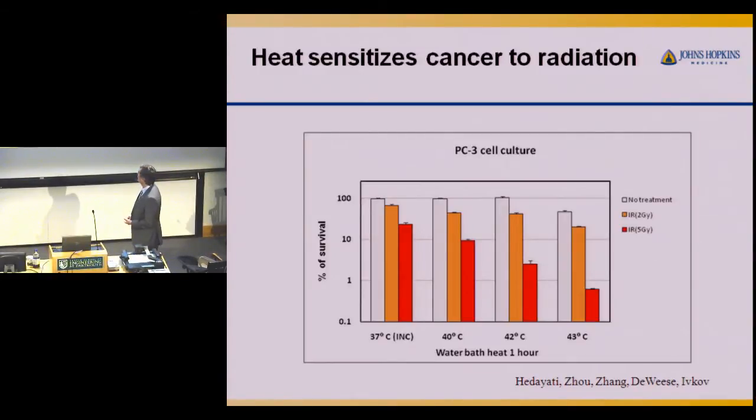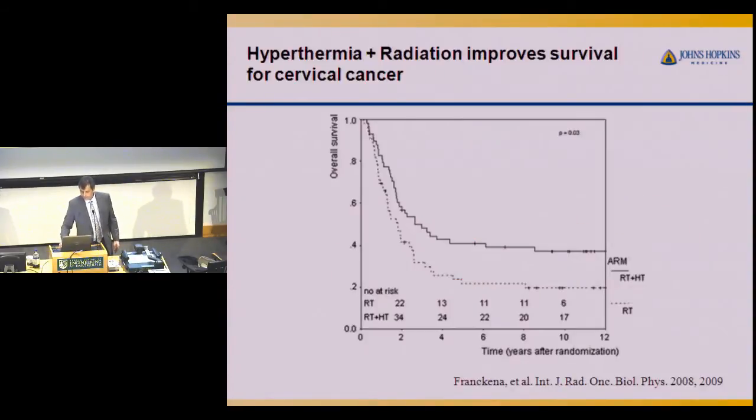In other words, 42 degrees C by itself does not affect survival of the cell significantly, but when we combine it with the 5 gray of radiation, then the combination is greater than either alone. And that's what we're going after.